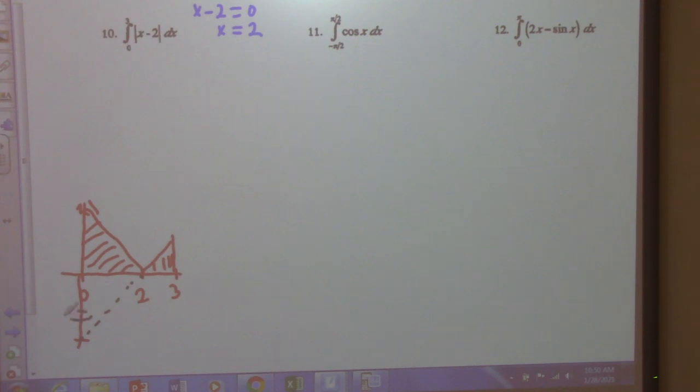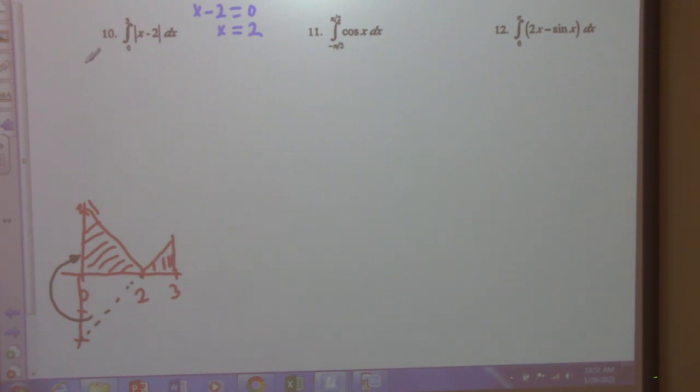But the absolute value of x minus 2 will reflect this area up here. And so this is one where you can work it out like this. You have to take the absolute value of this plus this.